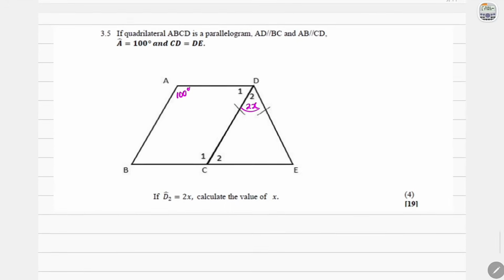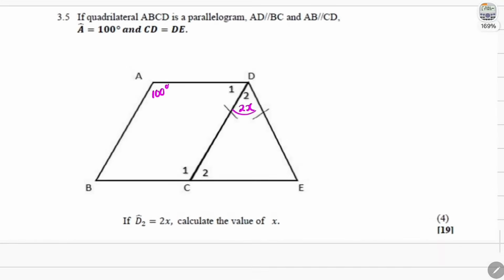So let's go. X is over here. And the way we can form an equation with x could be, I was thinking of using the exterior angle, which could be helpful. Because if this is a parallelogram, the opposite angles are equal. So this would also be 100 degrees. And then we could just use the exterior angle of a triangle.